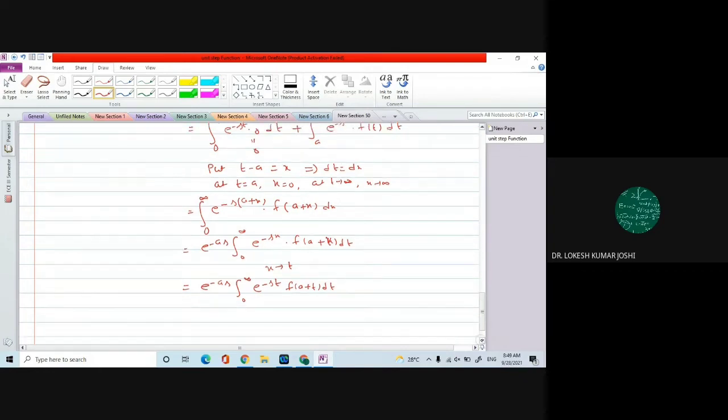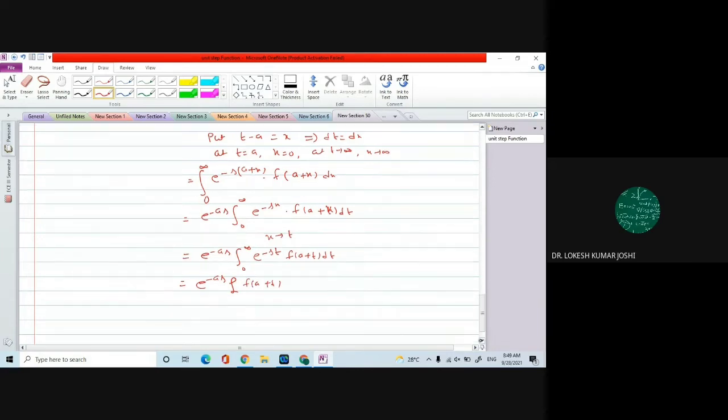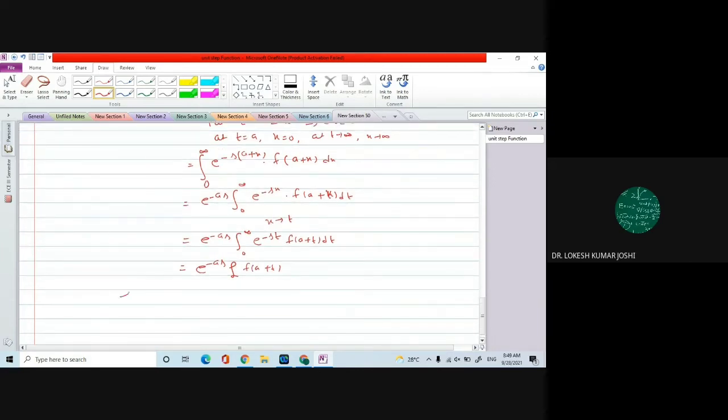And if we see this function carefully, we have 0 to infinity, we have the operator of Laplace transform, and we have some function. Therefore, this particular integral is nothing but the Laplace transform of f(a plus t). Finally, we find one formula: Laplace of f(t) u(t minus a) equals e to the power minus as Laplace of f(a plus t). We use these two formulas in our questions.